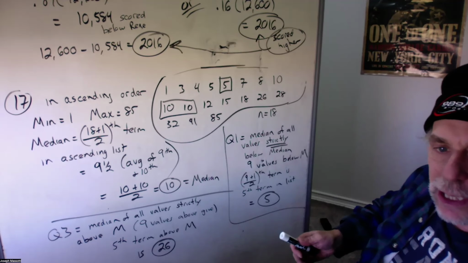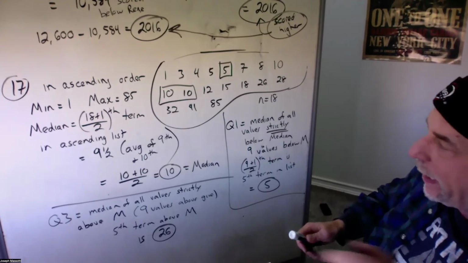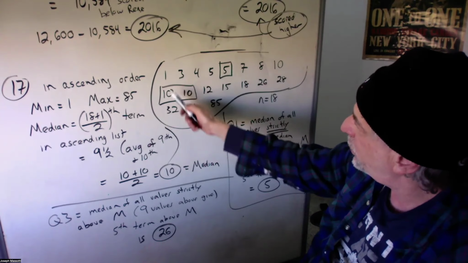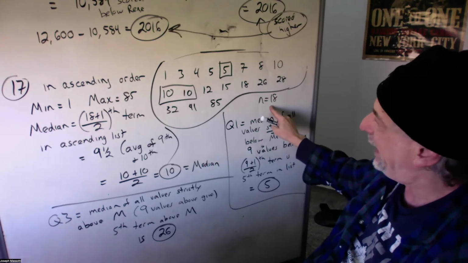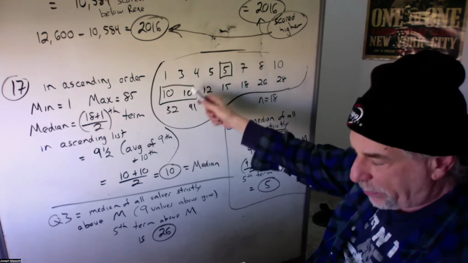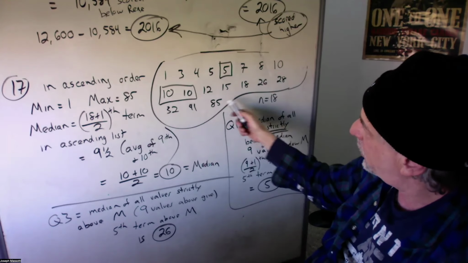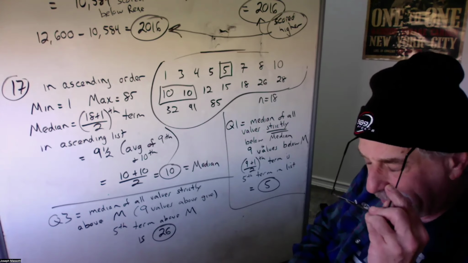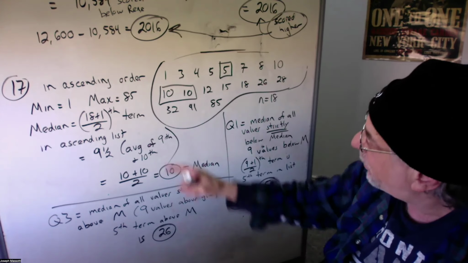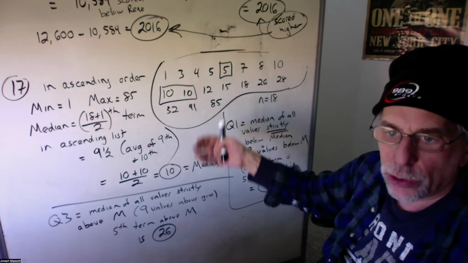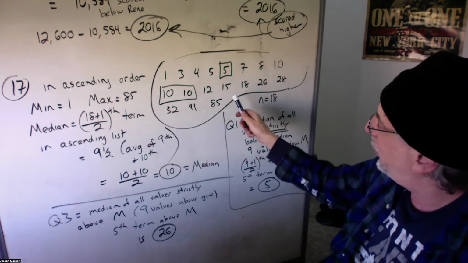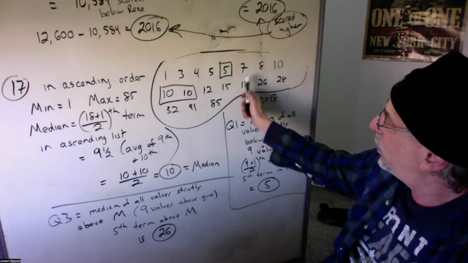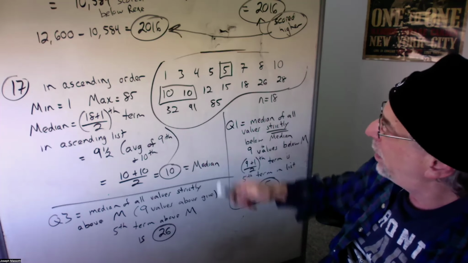So we've already discussed how to calculate the median. Remember, we take the total number of values, which is 18 in this case, and I've already put them in ascending order. These are the same values that you see in number 17. I'm going to show you on your calculator again how to do that, but it is helpful to know that.